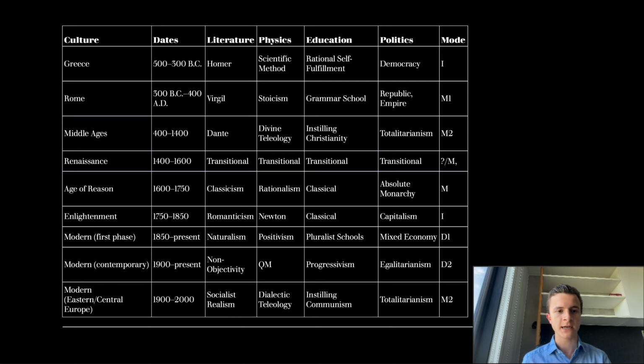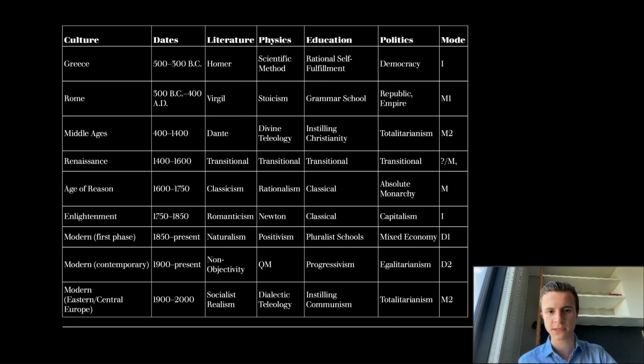Then we had the collapse in, let's say, the Middle Ages. Then we had M2, so that would be the collapse of a rational Greek approach to the world and descent into Christianity and barbarism. We had Dante in literature. Physics was no longer scientific, it was all about divine teleology.